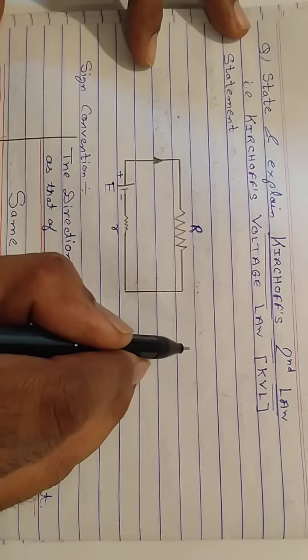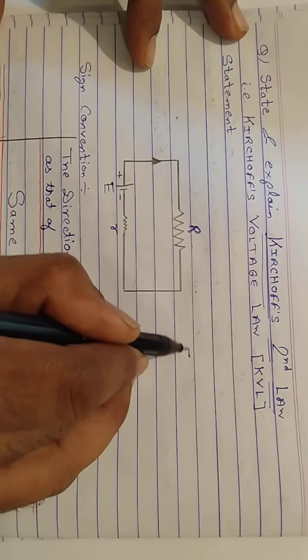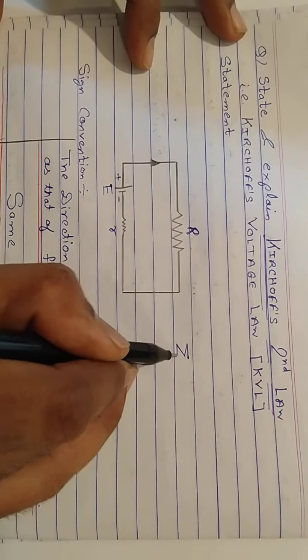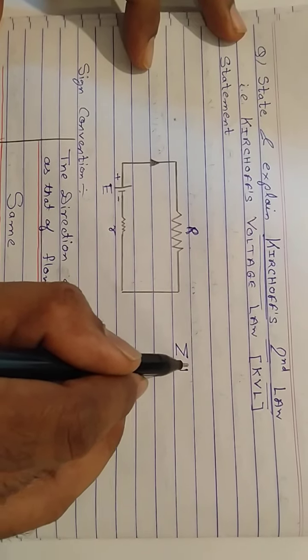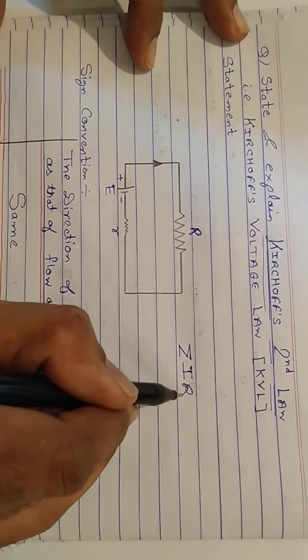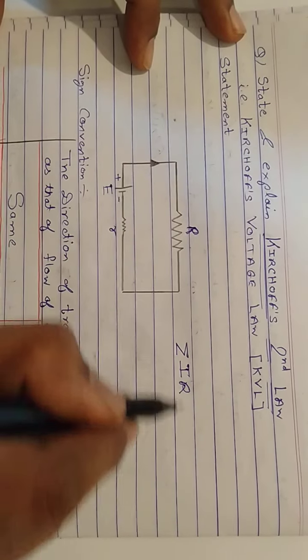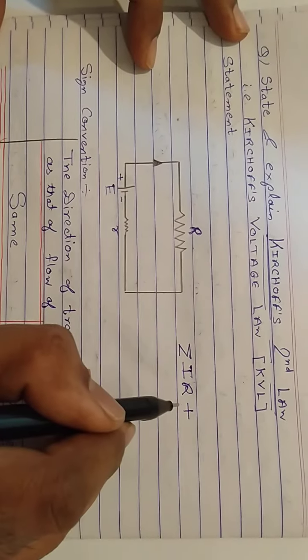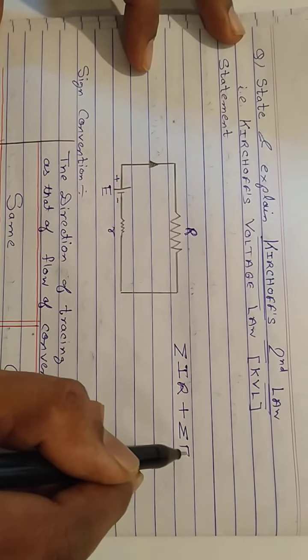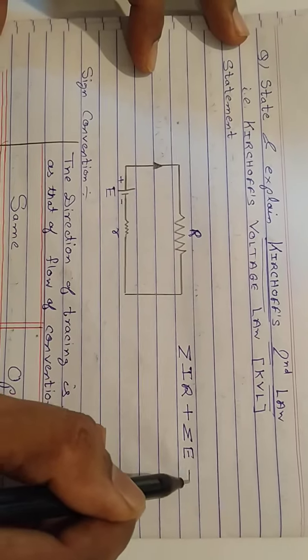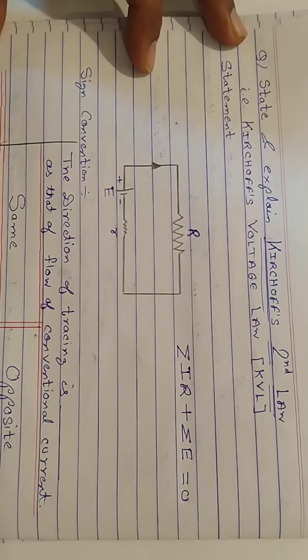Mathematically it is represented like this: the sum of potential differences is the summation of I into R, and the summation of all EMF is always equal to 0.